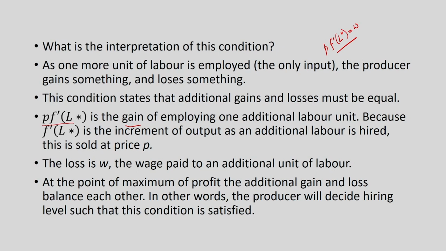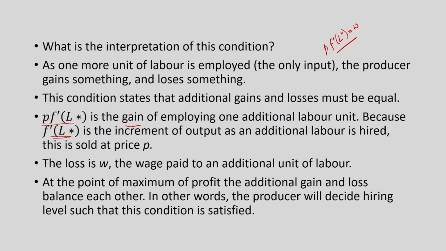Remember we said before, when we talked about the definition of derivatives, that f dash of L can be interpreted as the change in the output as labor input changes by 1 unit. It is not precisely equal to that, but roughly equal to that.